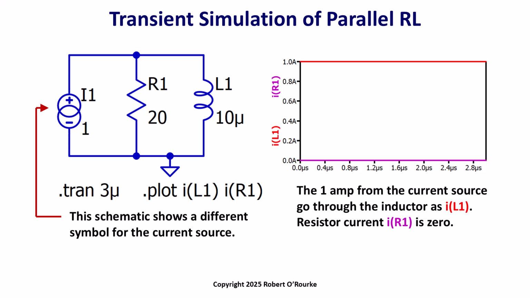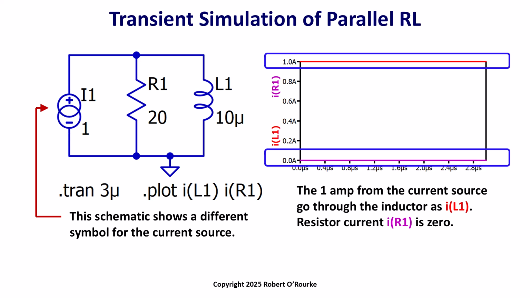One more way to show the parallel RL circuit DC behavior is this transient QSPICE simulation. Because the current is constant valued, the currents don't change with time over the 3 microsecond simulation.